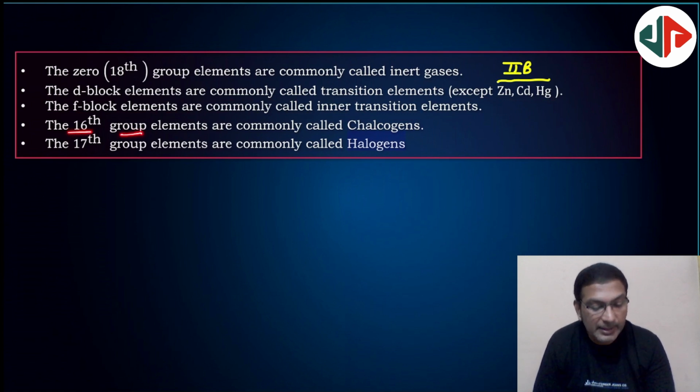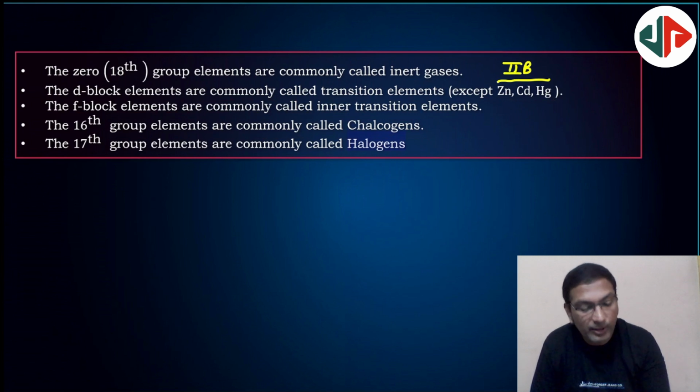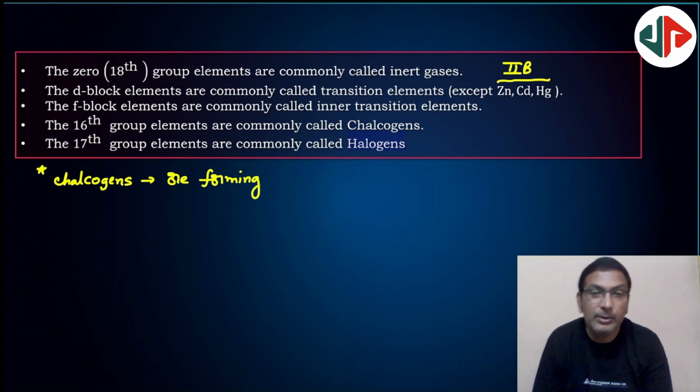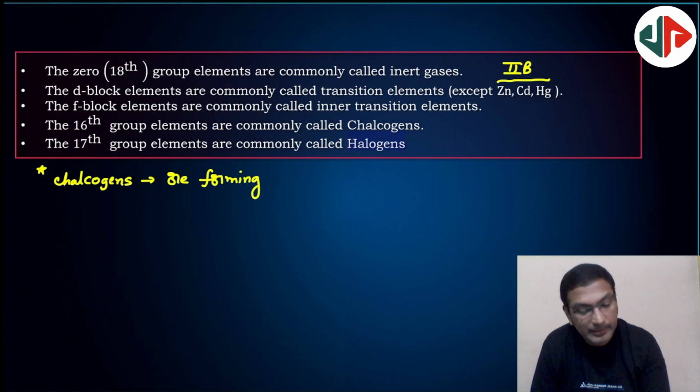Next, group 16, chalcogens. Chalcogens means ore forming elements. So I will write here: chalcogens, ore forming. Most of the ores and minerals contain these elements only.